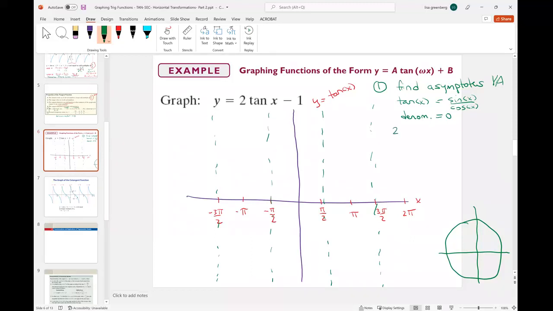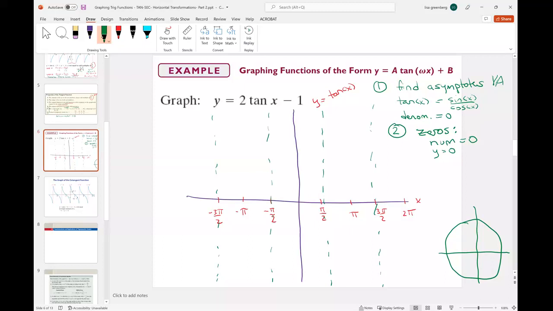Step 2, zeros. We want to set the numerator equal to 0. When I find the x-intercepts, we want y equals 0, which is the same thing as the numerator having to equal 0.